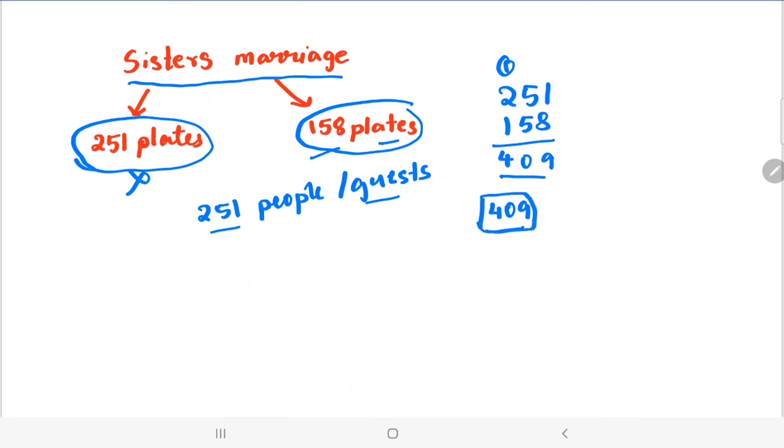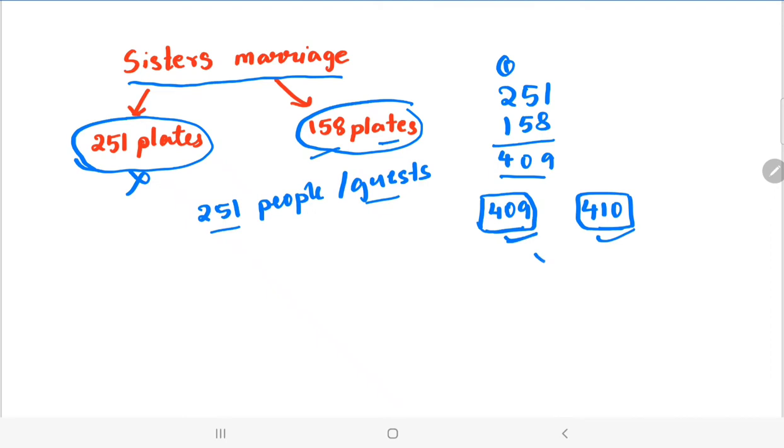No, you will not ask him to give exactly 409 plates. What you will do is ask him to give 410 plates. Why? Because if you go and ask the shopkeeper to give 409 plates, he will laugh at you, right? That's why you will ask for 410.